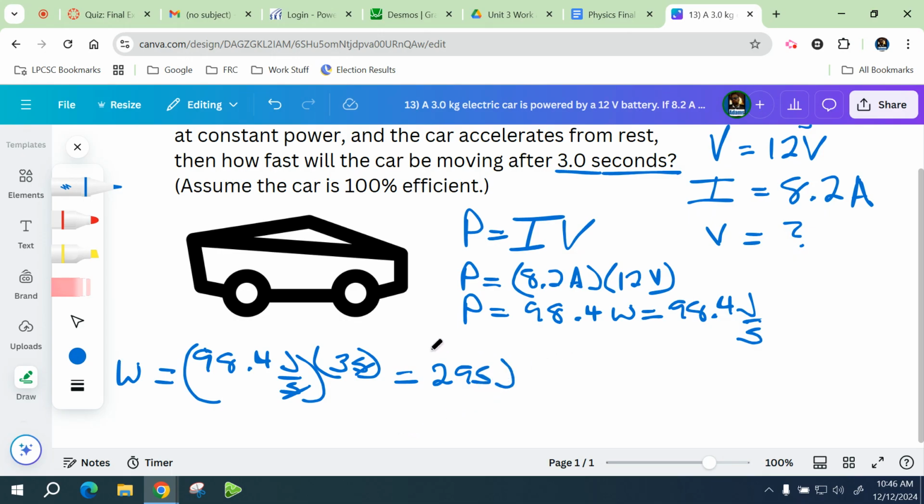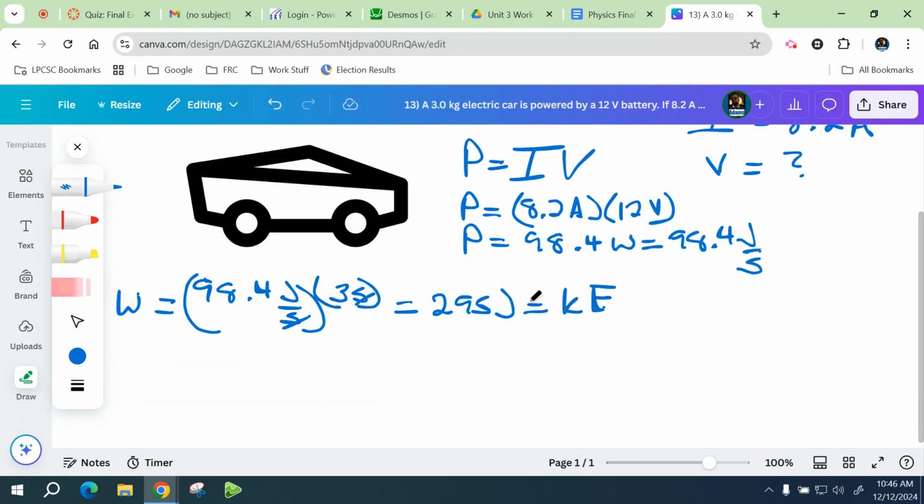So that is the amount of work, but it should also be equal to the kinetic energy. So remember that our 295 joules will be equal to 1/2 times the mass times the velocity squared, remembering that we don't know what the velocity squared is.